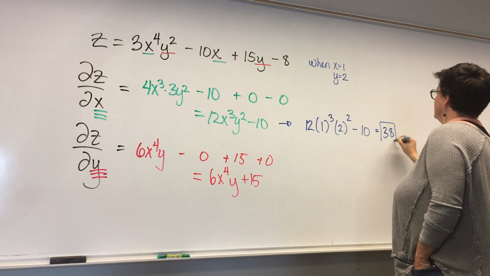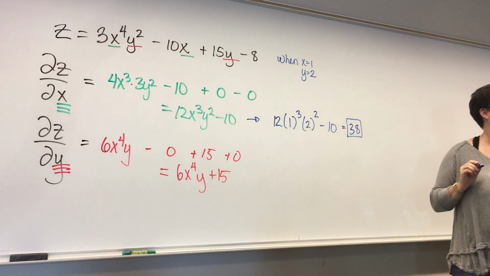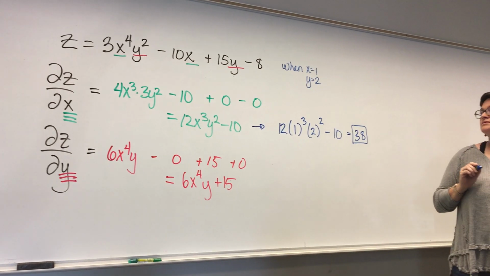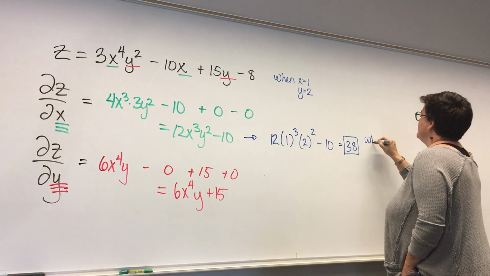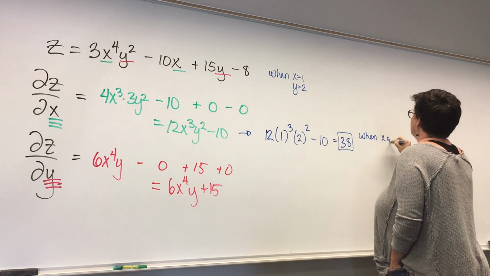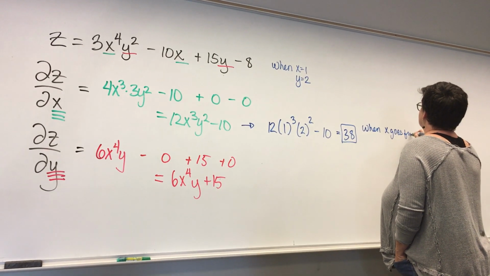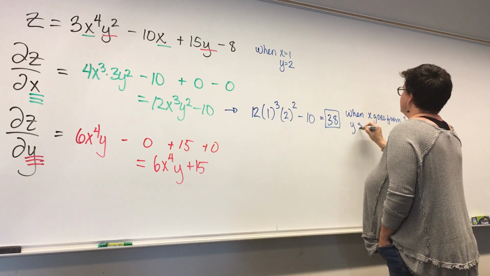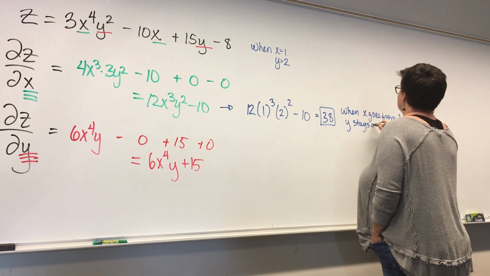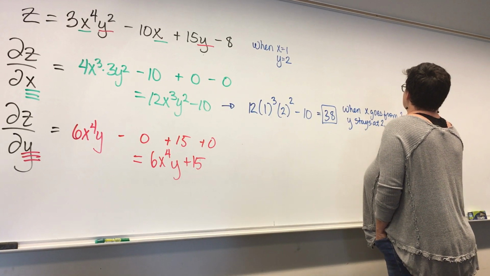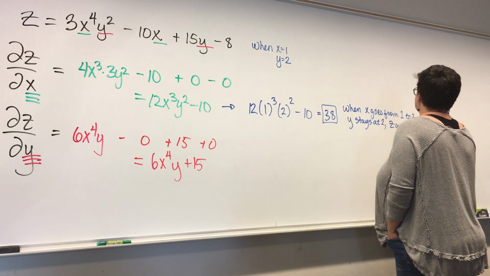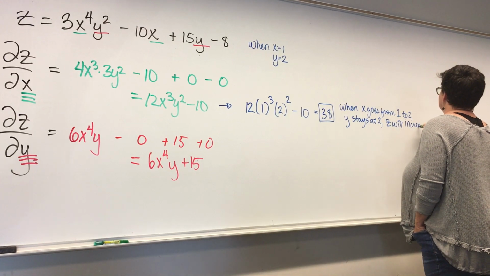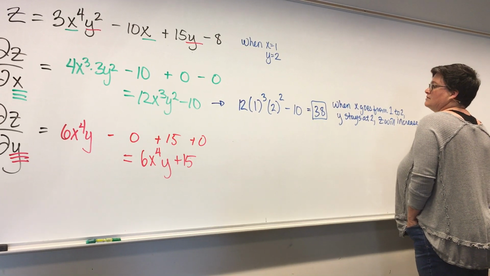Didn't you just say we make x 2? What? We go over by 1? Yeah, so I would interpret this as when x goes from 1 to 2 and y stays at 2, z will increase by approximately 38. Yeah, but we put x as 1.